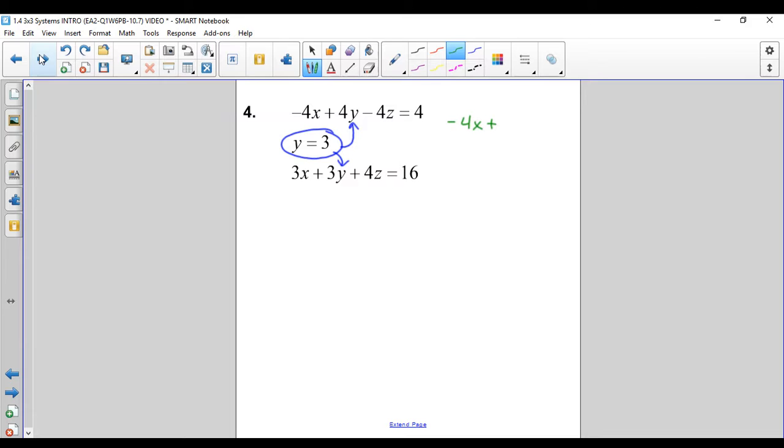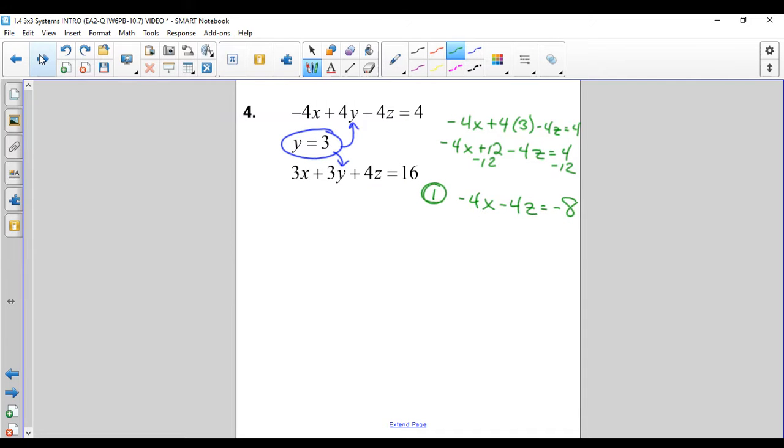Negative 4x plus 4 times 3 minus 4z equals 4. Show as much or as little work as you need to. Probably going to need to show a decent amount of work here in the beginning. Subtract 12. My first equation is going to be negative 4x minus 4z equals negative 8.